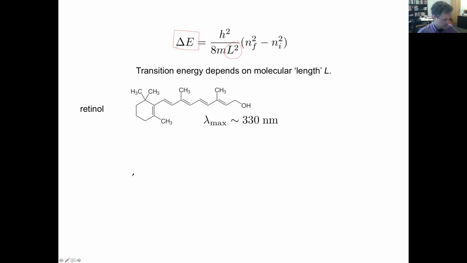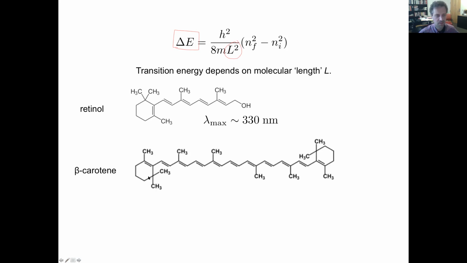So that means if I find a molecule like this, beta carotene, look at beta carotene, much longer conjugation length, right? You know beta carotene, of course, it looks like an orange color. And that means indeed that the absorption maximum is shifted to the red. It's 460. So that is a significant shift by more than 130 nanometers relative to retinol.